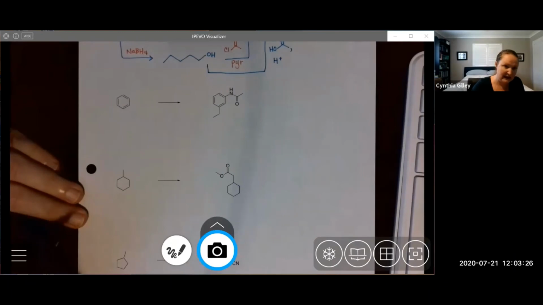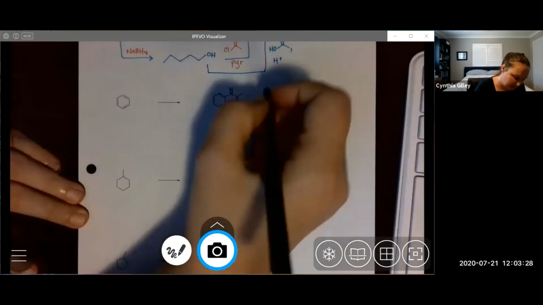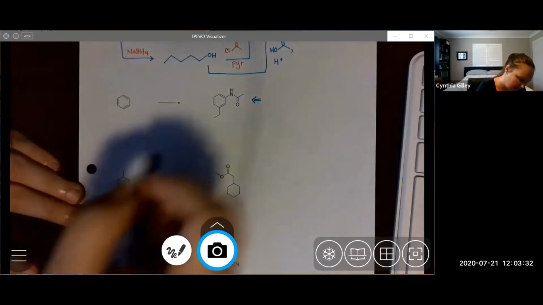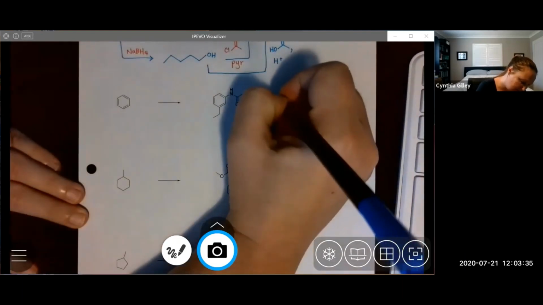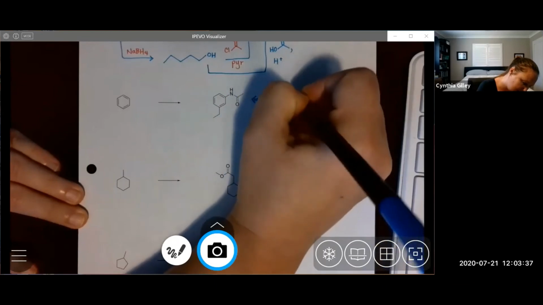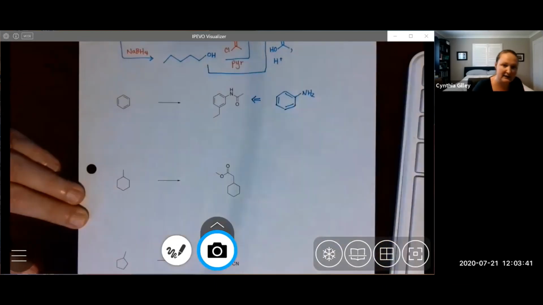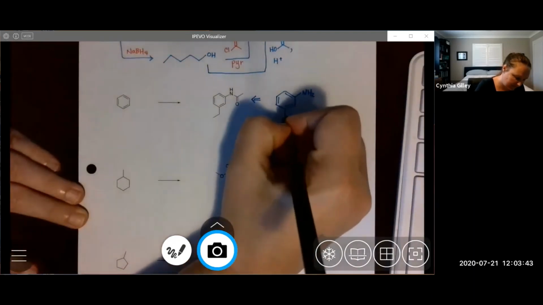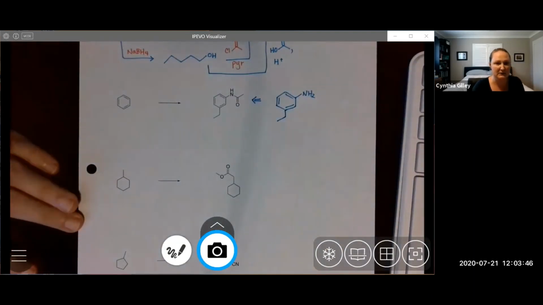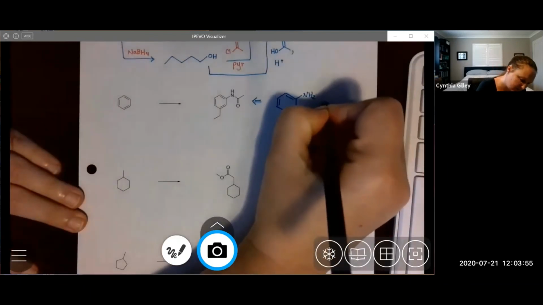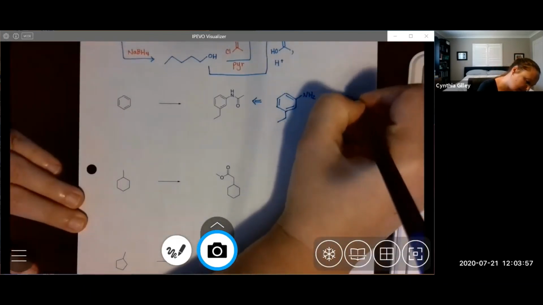If we're thinking backwards, and a lot of times retrosynthetic analysis is super helpful here, we could maybe have gotten this from an aniline through an acylation reaction. So basically amide formation. And then if I think about this, maybe this could have come from a nitro group, right? So kind of thinking backwards.